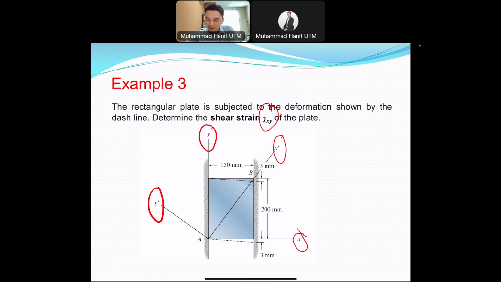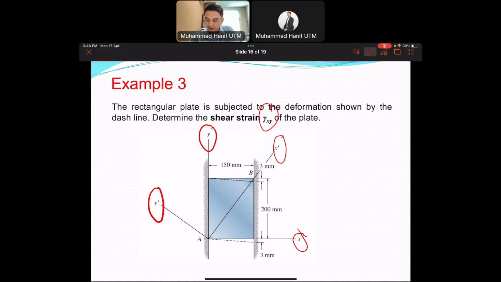So you have to think, where is the gamma xy located? Either this way, or this way, or this way.